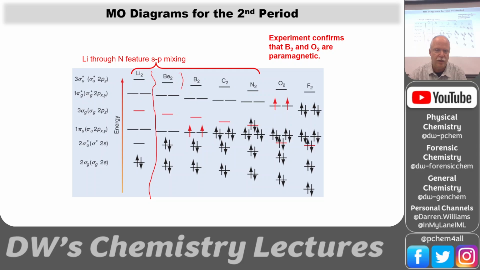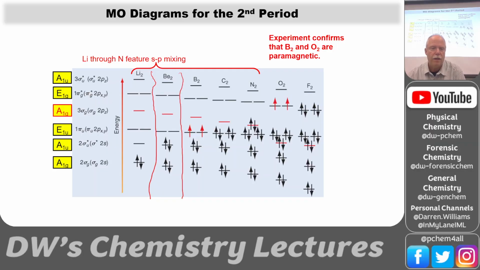Can you see that? 7 individual MO diagrams. And so here's the symmetries, and we have that A1G level that moves quite a bit with the SP mixing. As SP mixing starts to decrease, it finally drops down below the pi bond, the E1U level, when we go from nitrogen to oxygen.